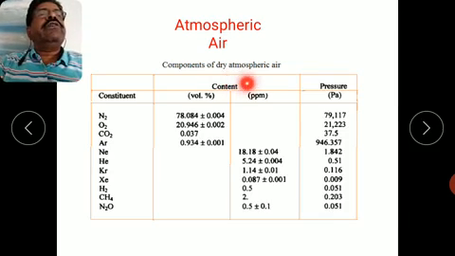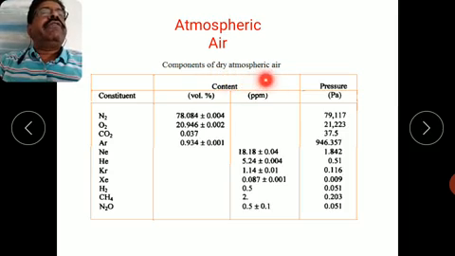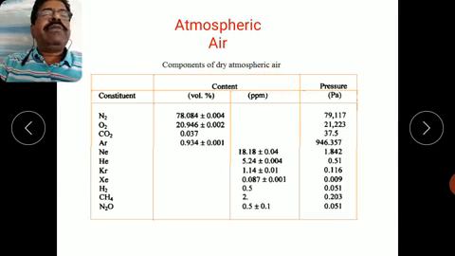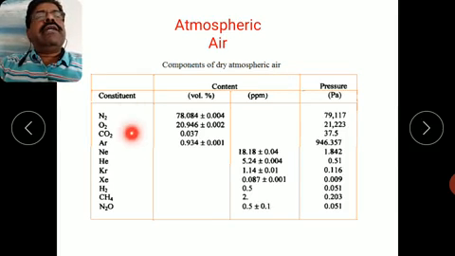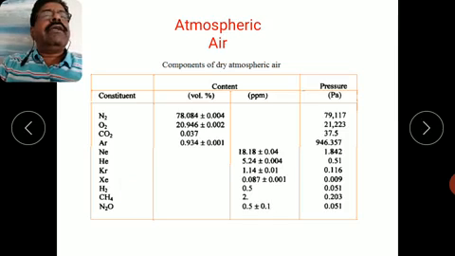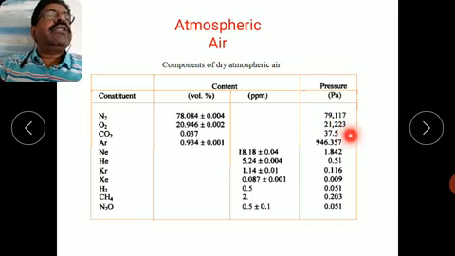So this table gives the components of dry atmospheric air. Dry means water vapor is not present. In dry atmospheric air, these are the constituent gas molecules, and their volume percentage and their contribution to the atmospheric pressure is given in this table.